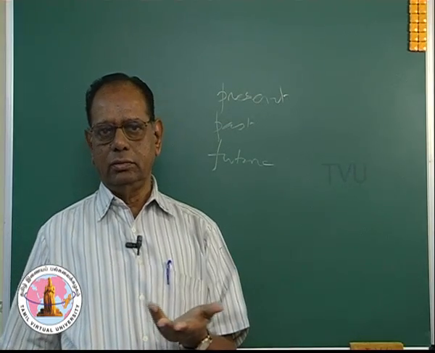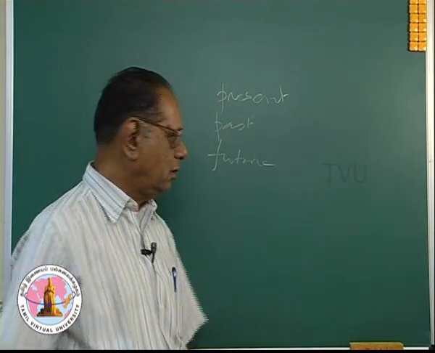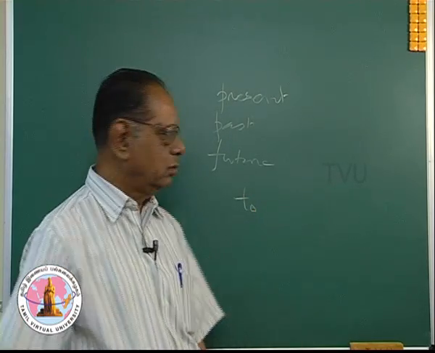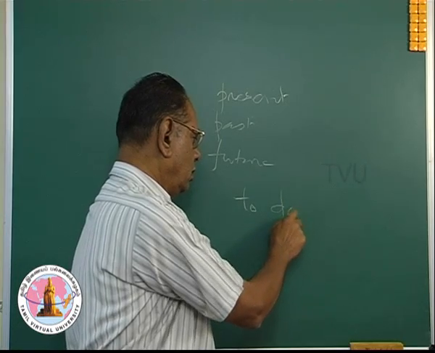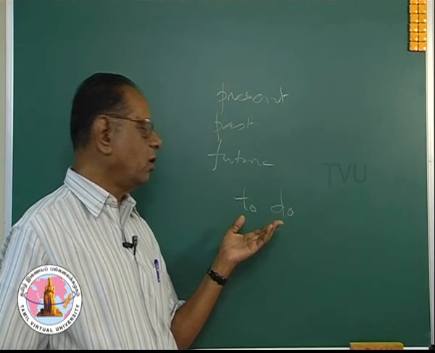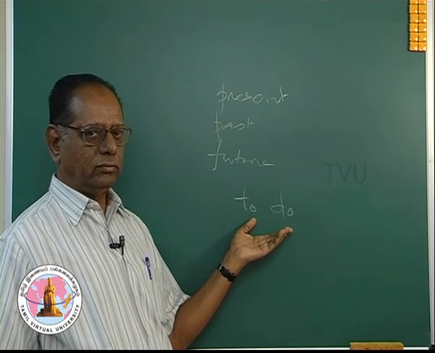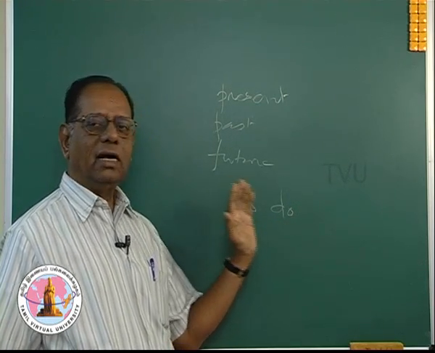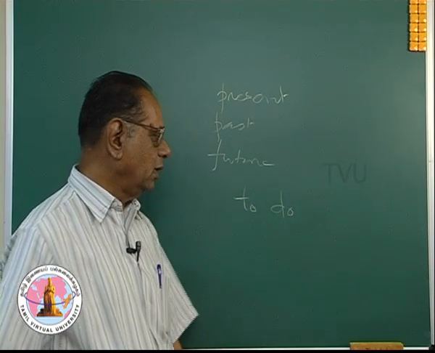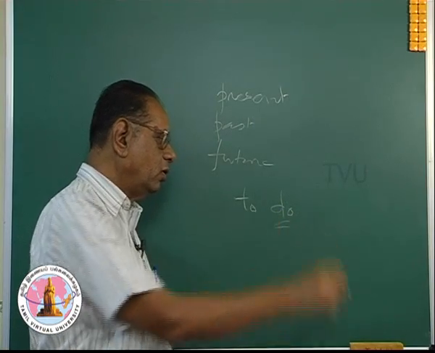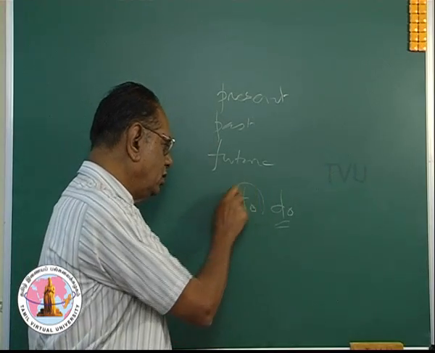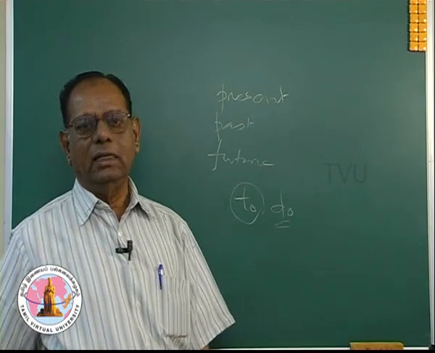Any infinitive, you know infinitive, it must have two before the verb. This is called an infinitive, and when there is a command, it will be in the infinitive mood. Any verb without these two is a command in any language.